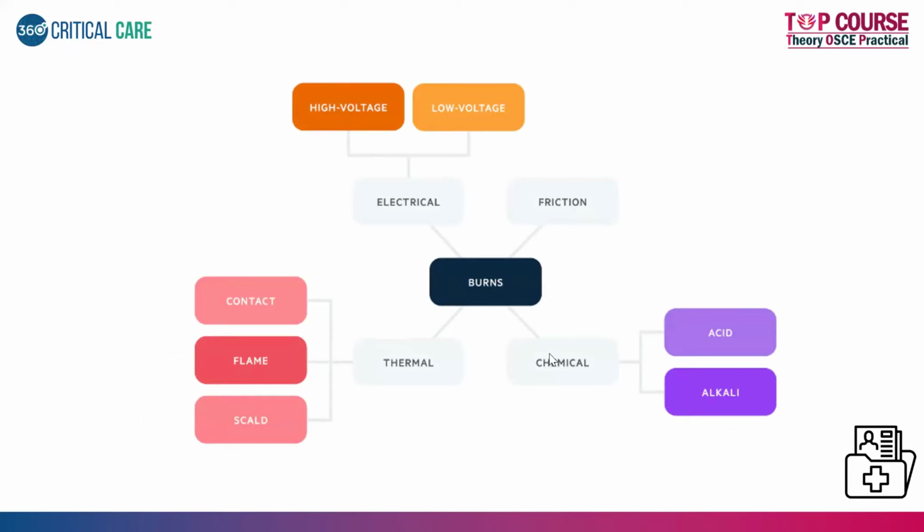Electrical burns can be classified as high voltage burns or low voltage burns. Frictional burns are burns sustained because of crude force applied against the skin. Chemical burns can be acid type or alkali type.